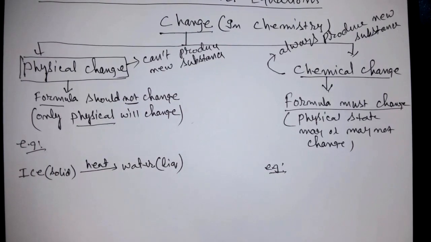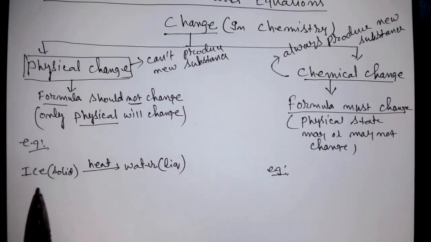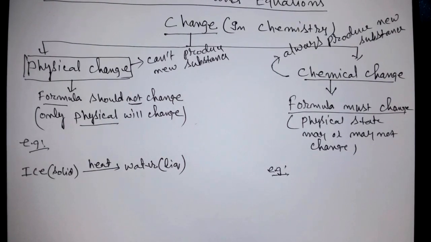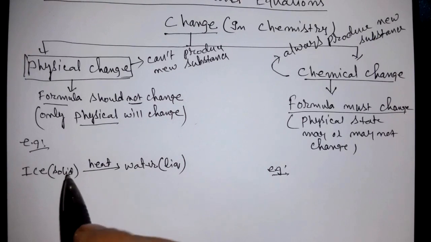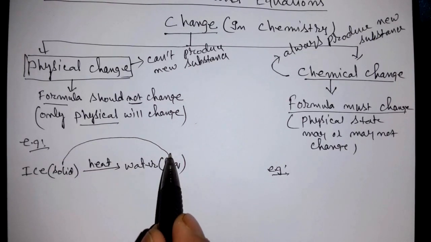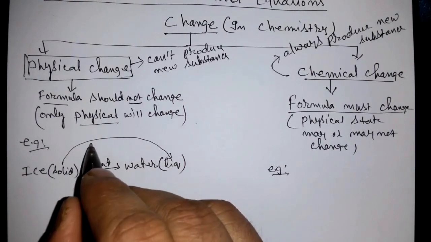So here something is changing. What is changing? Your ice is changing into water. Now this change is an example of physical change. Why is it physical change? Because you see what is happening. Your solid is turning into liquid. That means your physical state is changing.